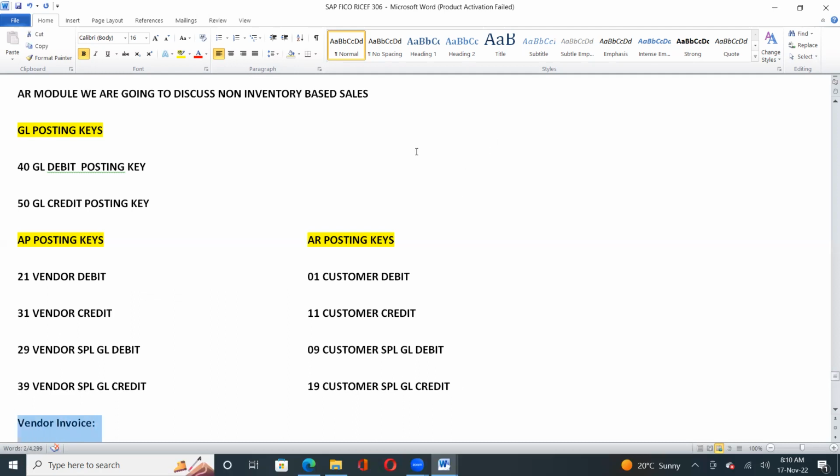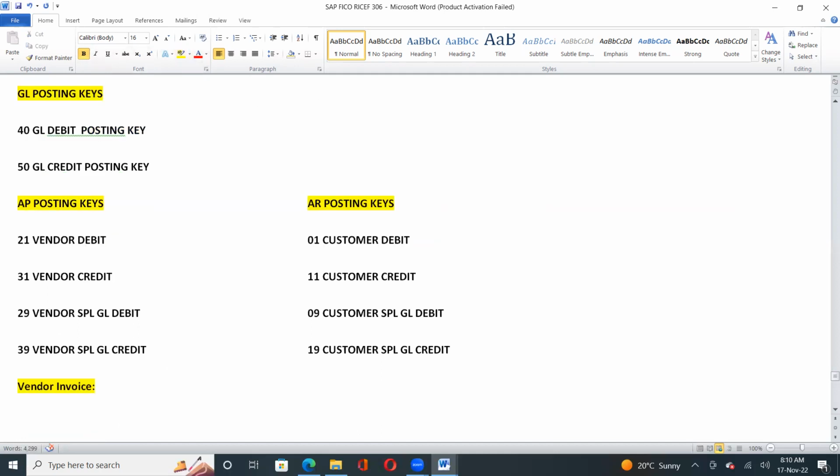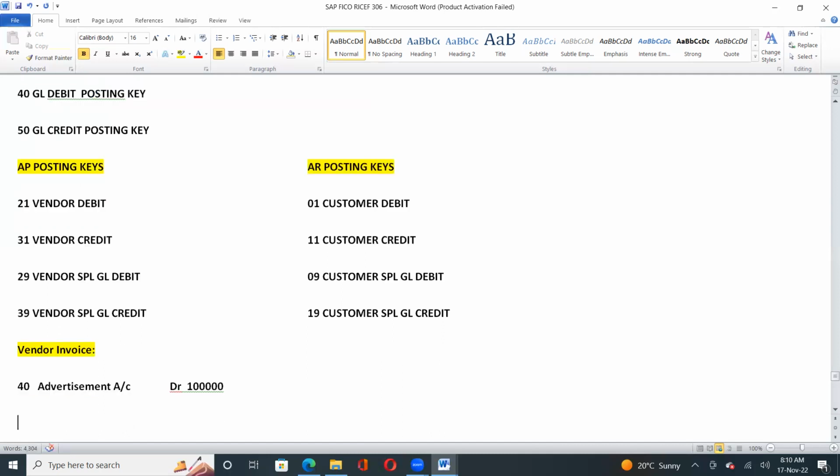I'll take the same example we did last time. 40 posting key, advertisement account, debited. 31, XYZ trading company, 1 lakh. Okay, this is for vendor invoice entry.